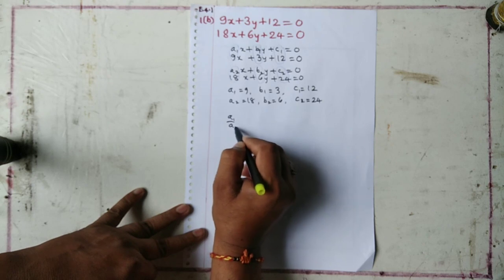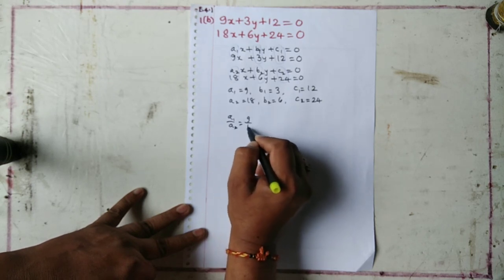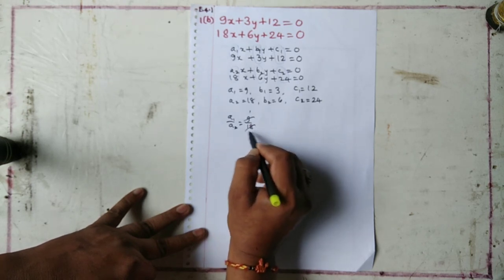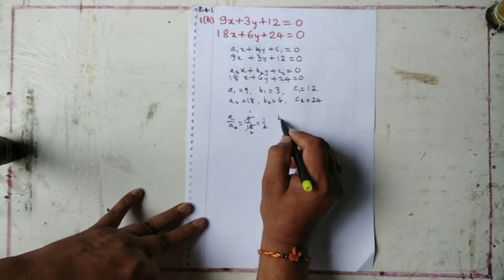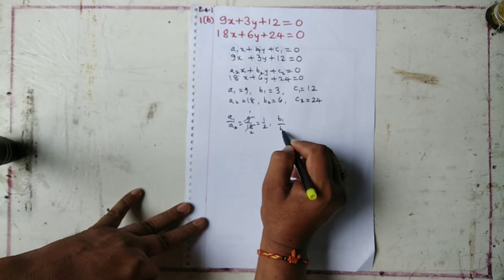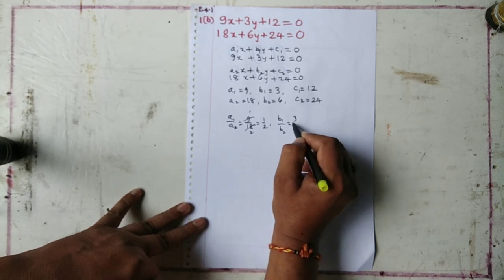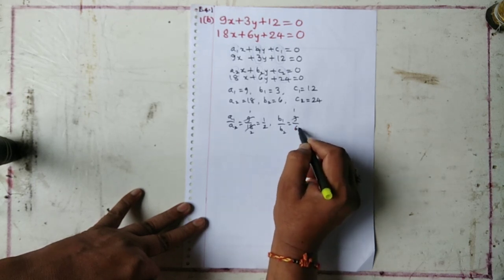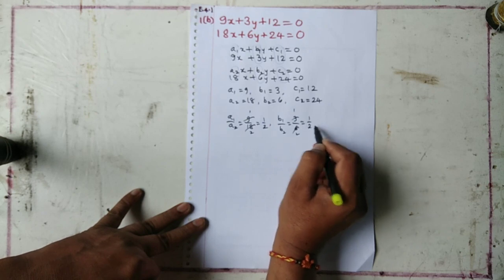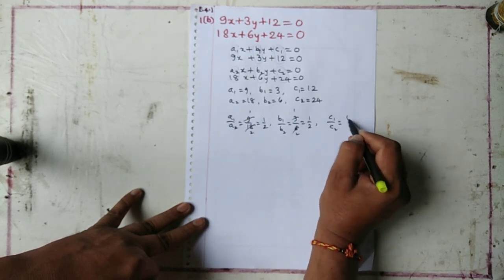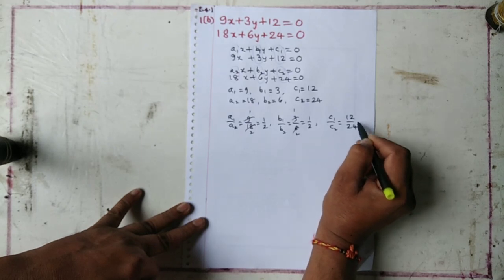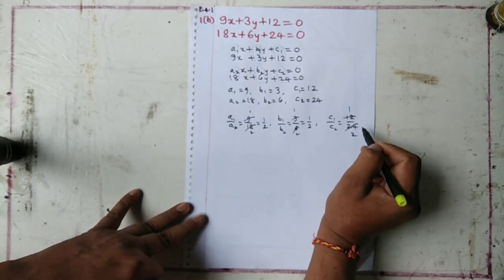a1 by a2, 9 by 18, 1 by 2. b1 by b2, 3 by 6, 1 by 2. c1 by c2, 12 by 24, 1 by 2.